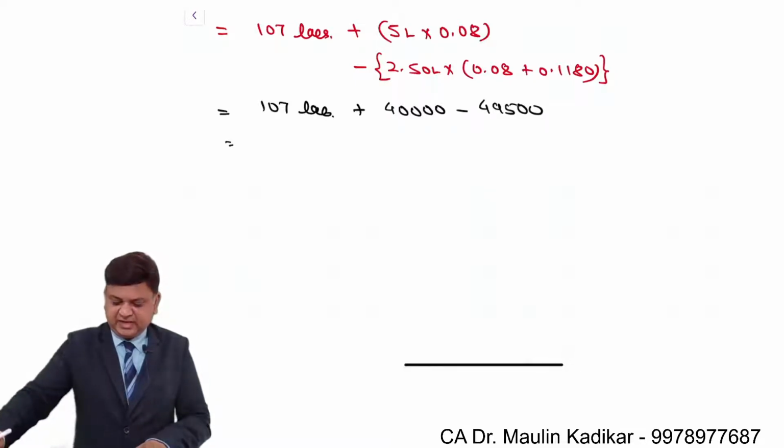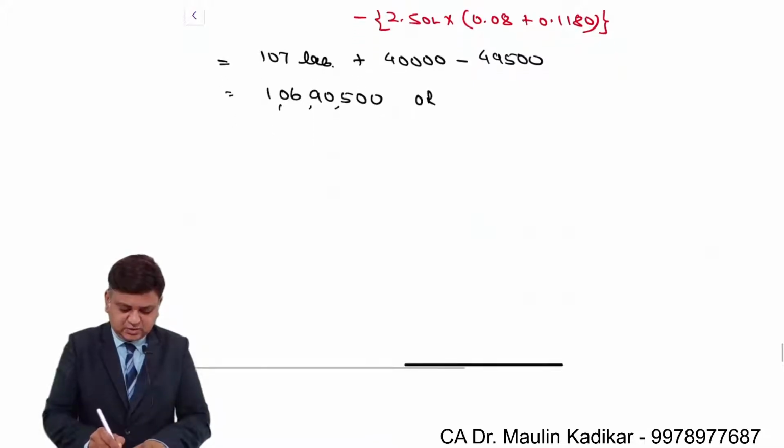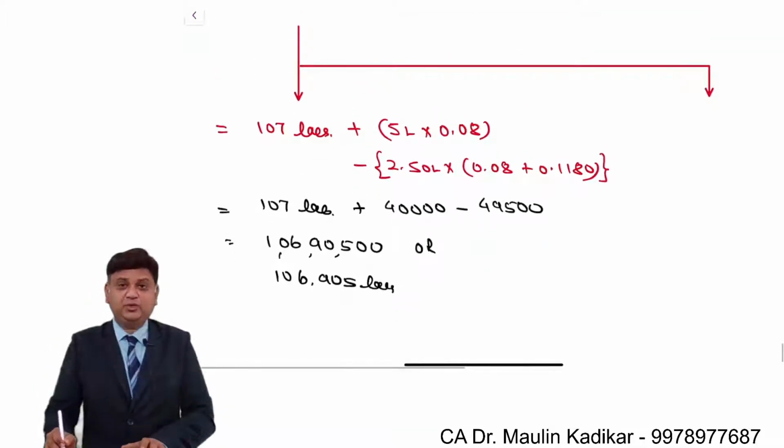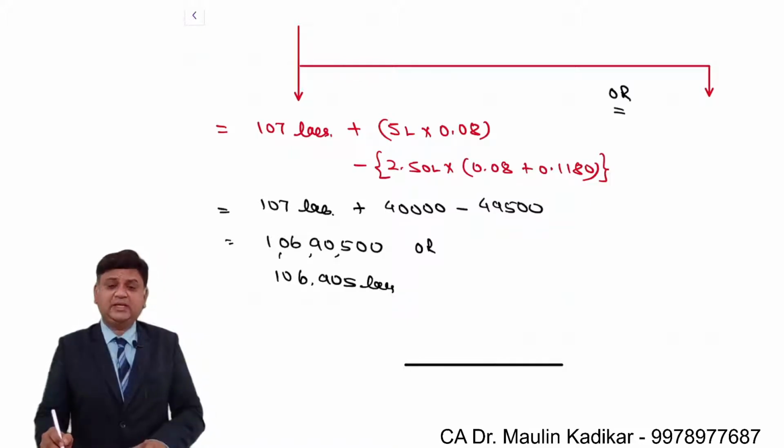So 107 lakhs plus 40,000 minus 49,500 comes to 1 crore 6 lakhs 90,500, or we can say it is 106.905 lakhs. This is the way you can compute the answer.